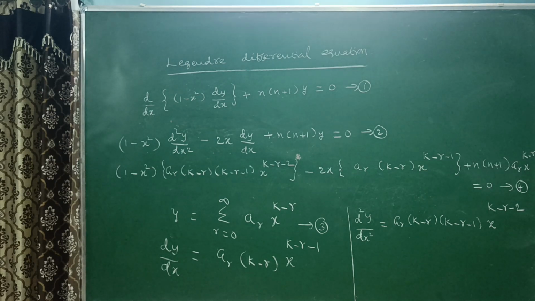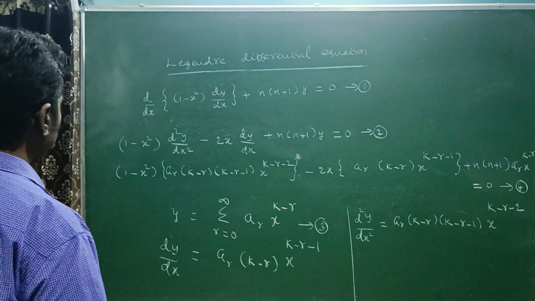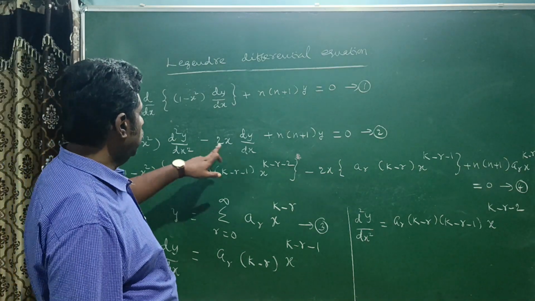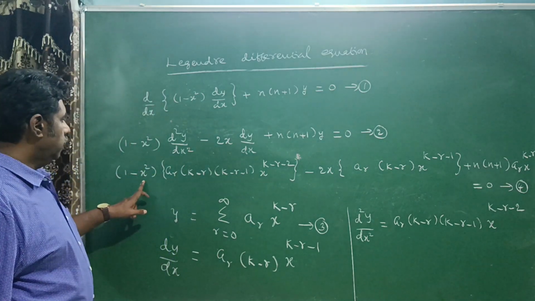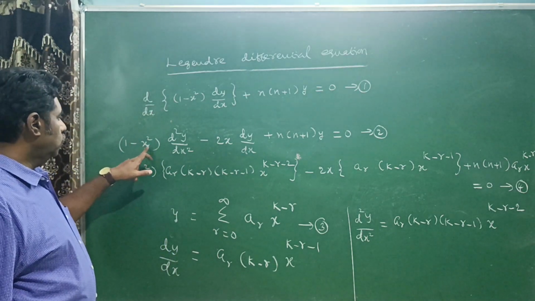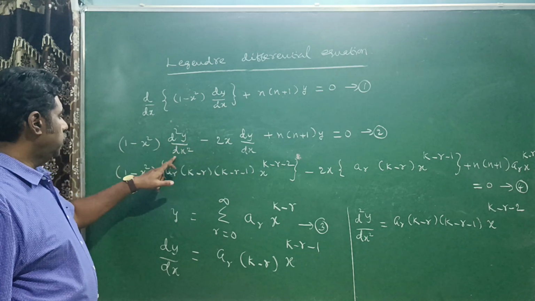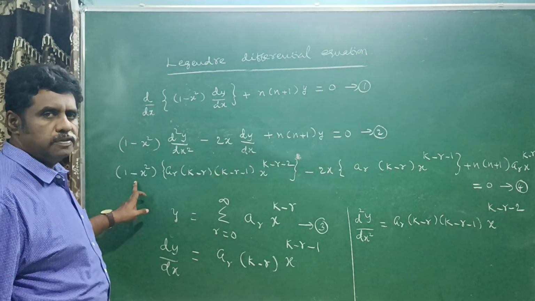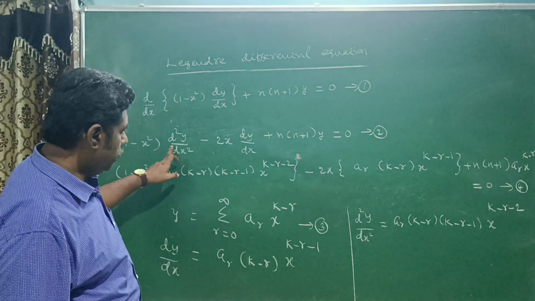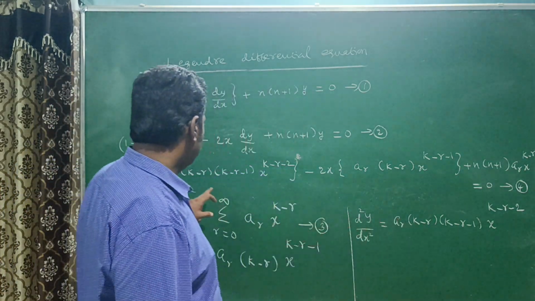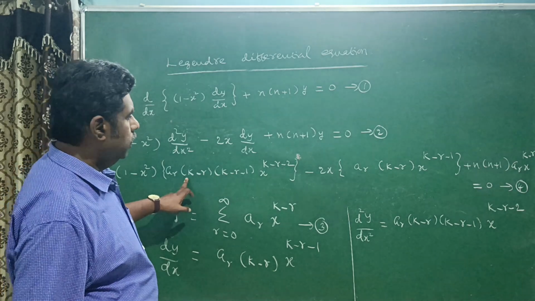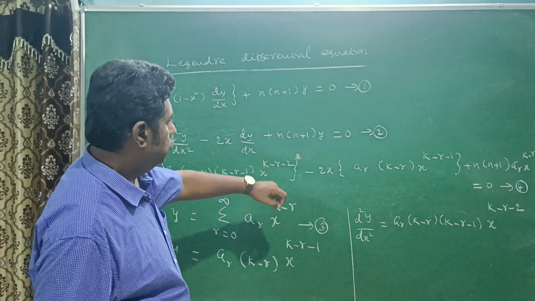Now see the equation 4. Just we have substituted the values of d square y by dx square, dy by dx and y. 1 minus x square in equation 2, substitute the value of d square y by dx square. Write down this 1 minus x square as such. d square y by dx square is a suffix r (k minus r)(k minus r minus 1) into x power k minus r minus 2.